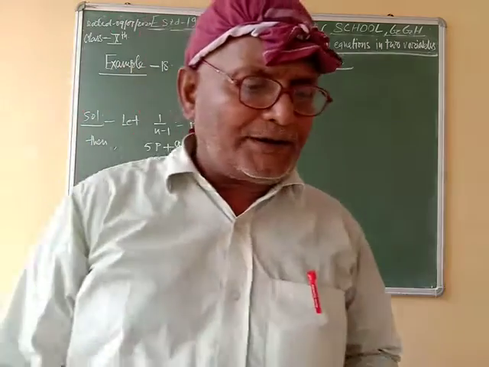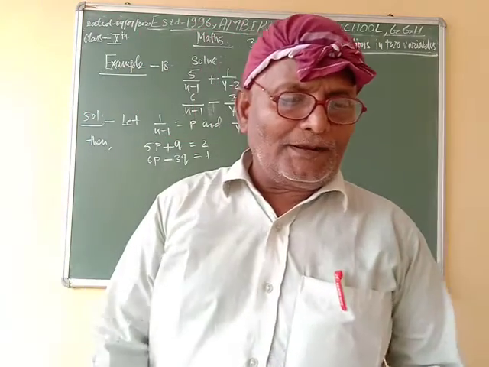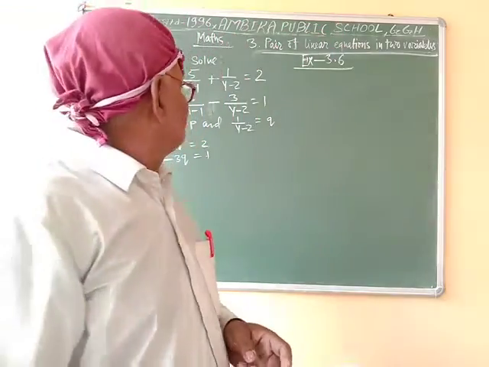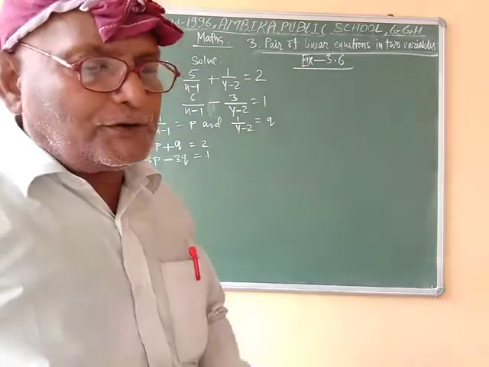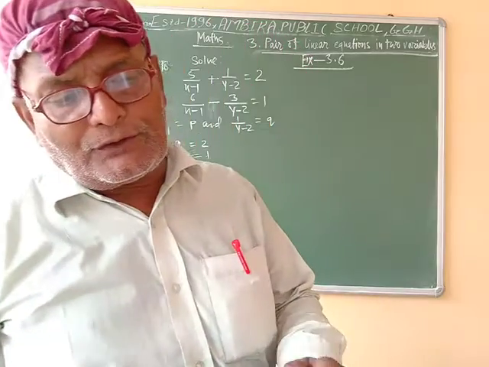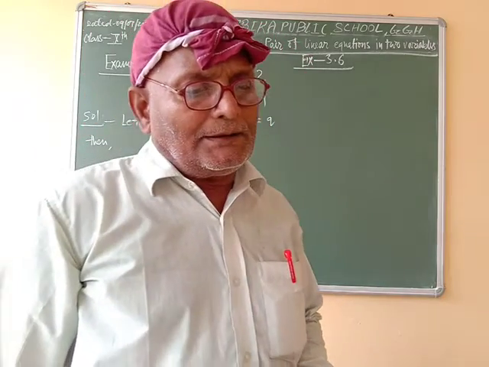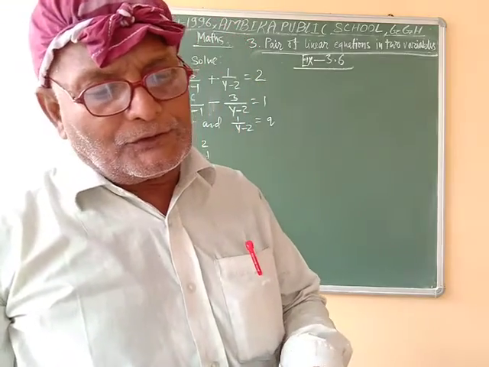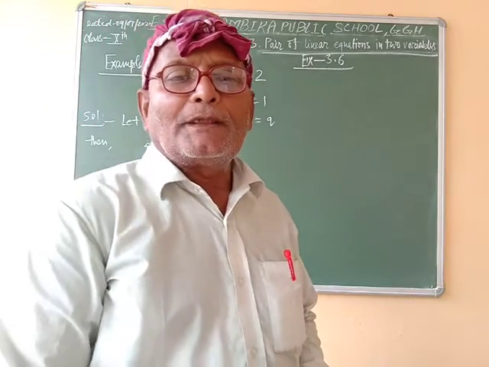The form of equation is 5p plus q is equal to 2 and 6p minus 3q is equal to 1, equations 3 and 4.